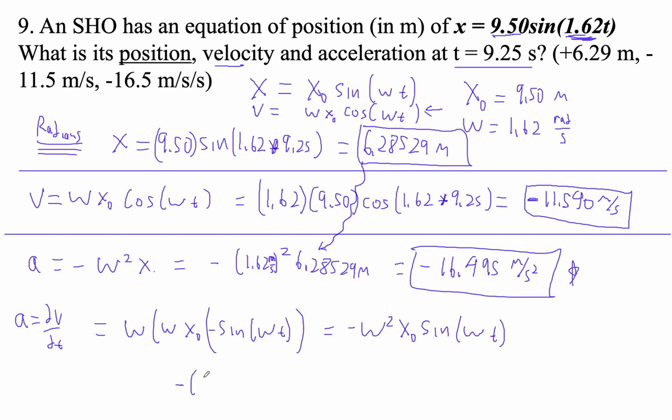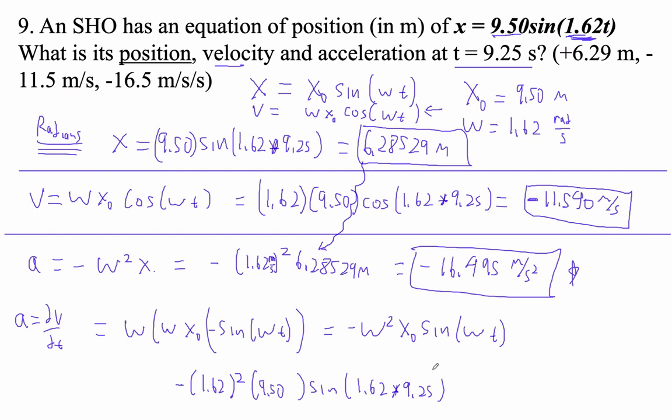So this is the opposite of 1.62 squared times 9.50 times sine of 1.62 times 9.25. Let's try that.